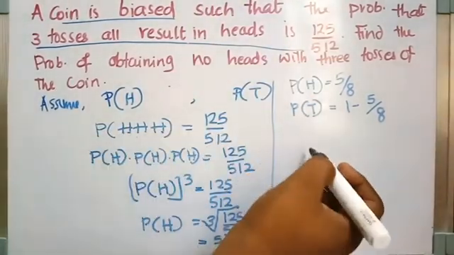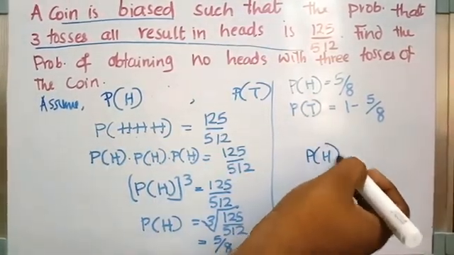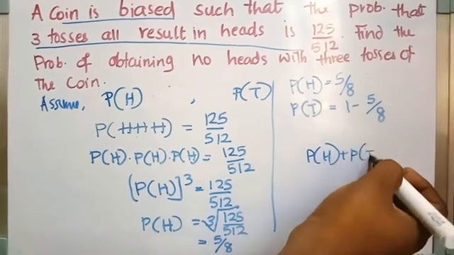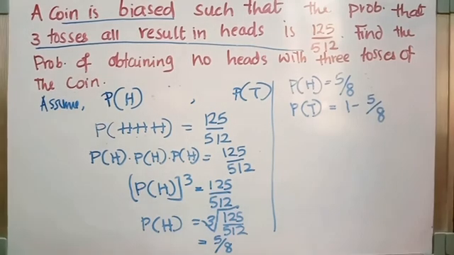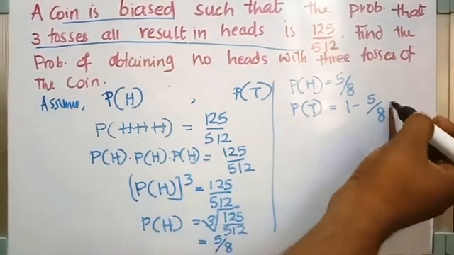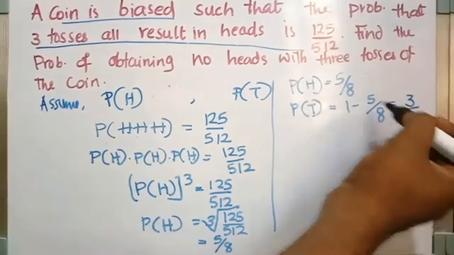That means probability of head plus probability of tail gives us 1. These kinds of events are known as exhaustive events, the events that take all the possible values of the experiment. So here we get probability of tail as 3 by 8.